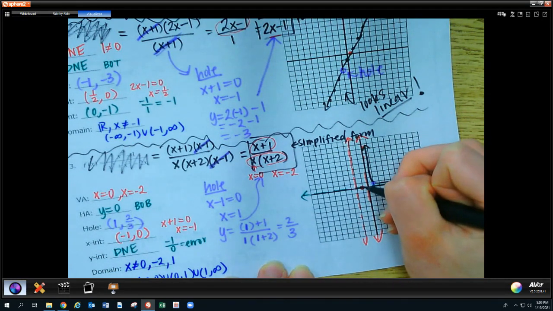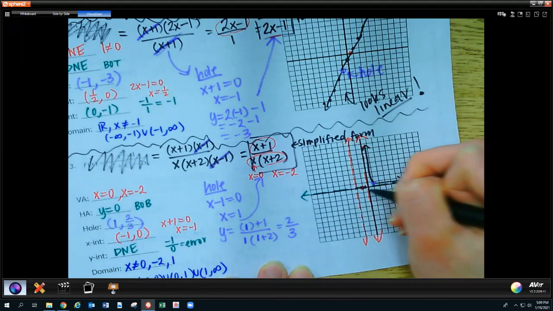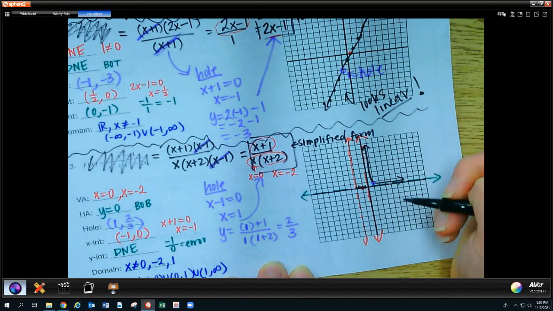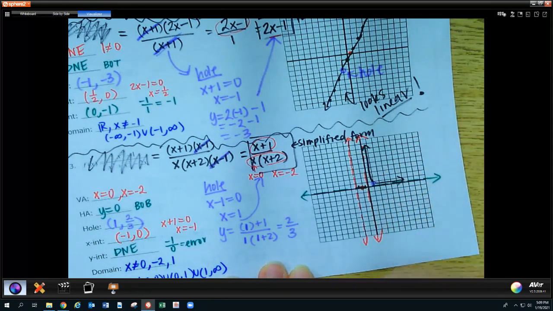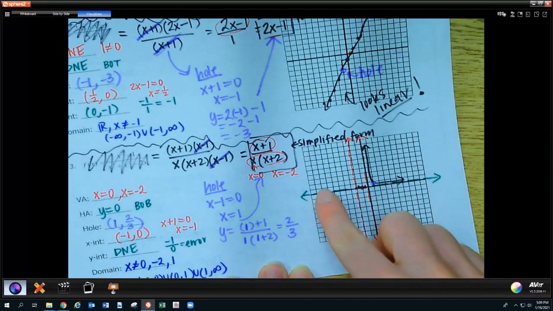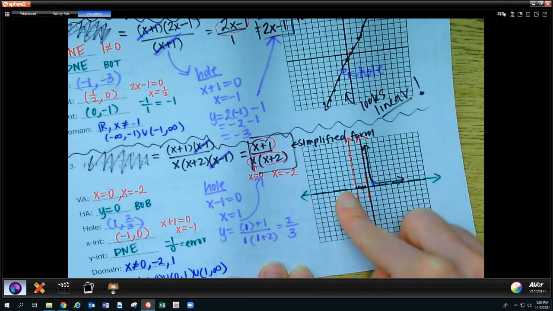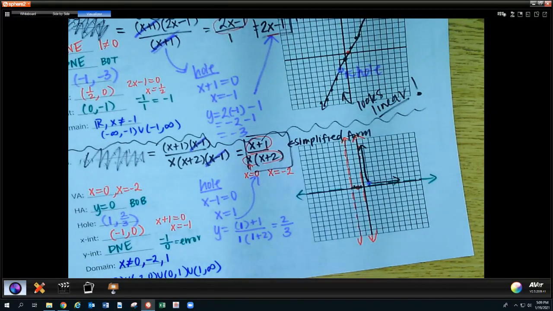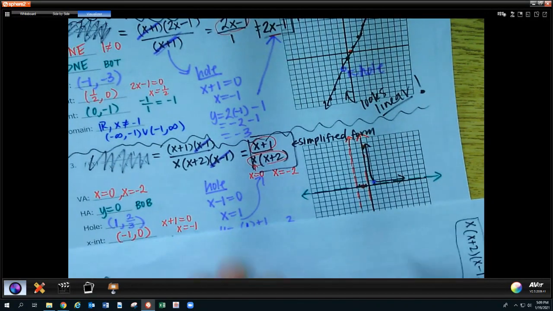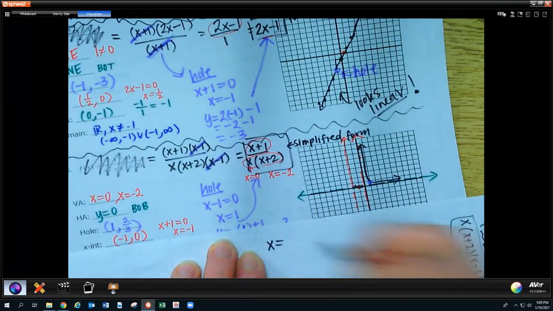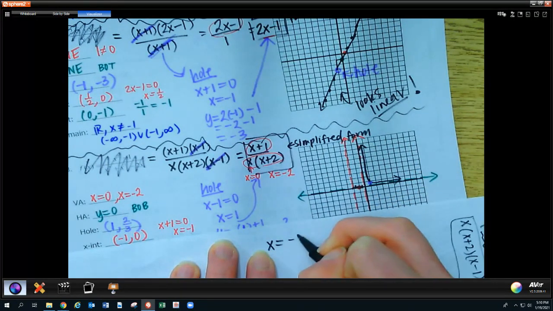We're going to have to plug in -1/2 and -3/2 in order to find out what's happening to this function. We're also going to have to plug in something over here. And so since this is at -2, we're going to have to plug in -3. Okay, and so I'm going to plug in x equals -1/2.